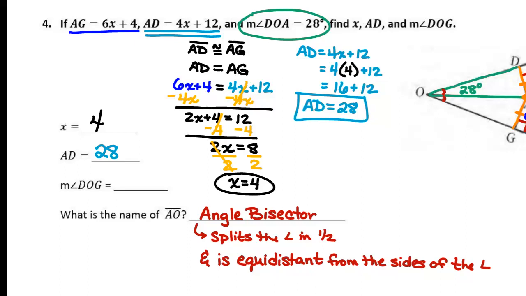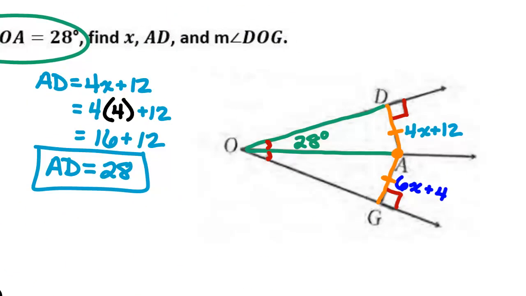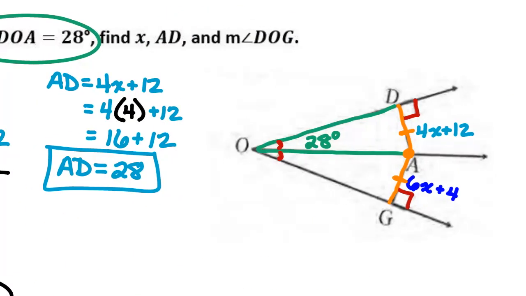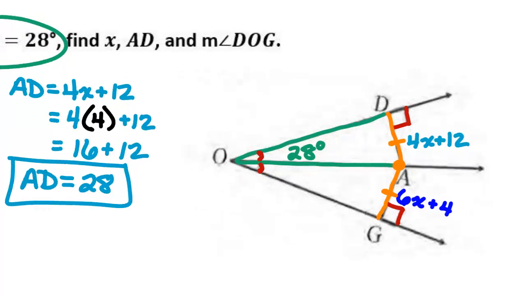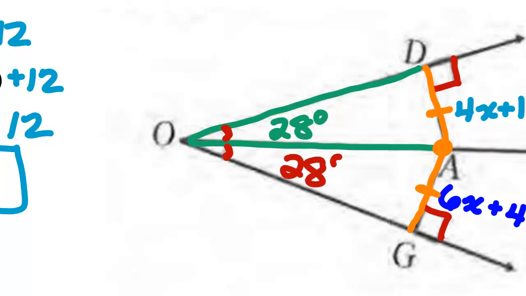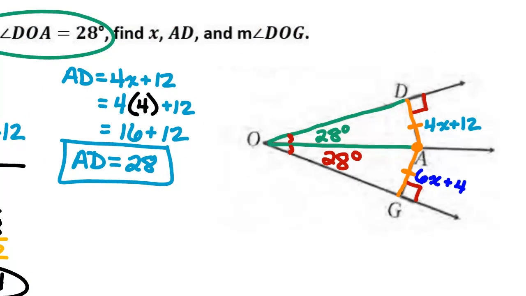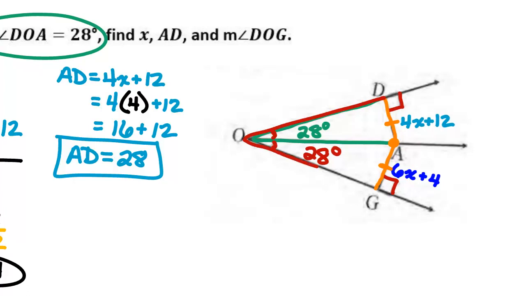They want me to find the measurement of angle DOG. What did we say these little markings meant here? That it's congruent. So if the top one is 28 degrees, how big is the bottom one? 28 degrees. They want me to find the measurement of angle DOG, which is this whole big angle here.